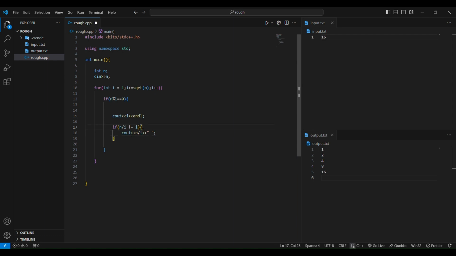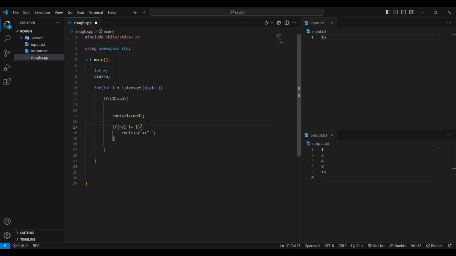And why am I writing this condition? Because see, if you remember last time, 4 into 4 gives 16. That means when I is 4, n by I, that means 16 by 4, gives 4. So I don't have to print 4 twice, right? So if I is equal to n by I, then print any one.